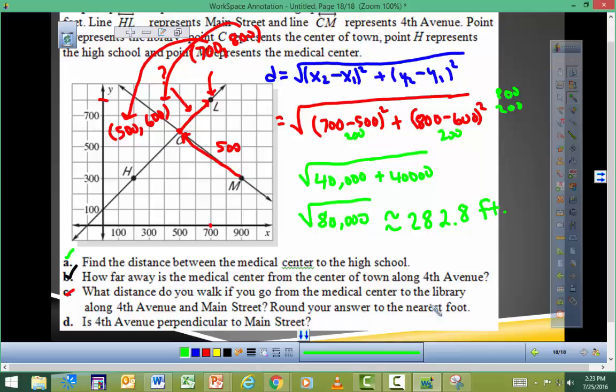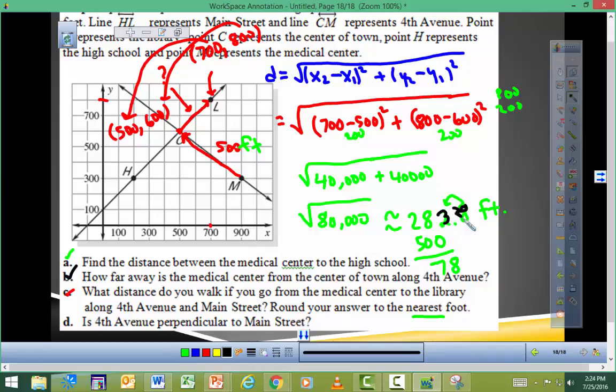Now, we're supposed to go to the nearest foot, so we found out this distance was 500 feet, and if we add on the 500 feet, we're going to get 780. We've got to round that to the nearest foot, so that's going to change this one to a 3.